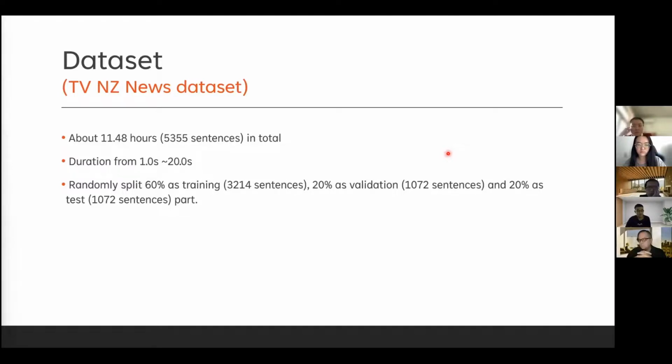We designed a 6:2:2 ratio random split: 60% for training, 20% for validation, and 20% for testing.